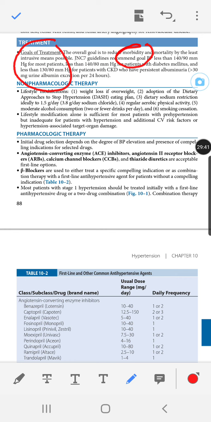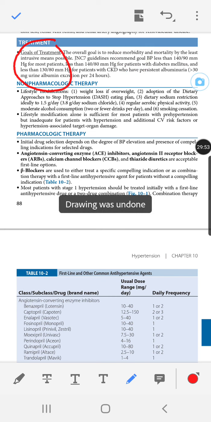Morbidity means you have to decrease the disease, and mortality means you have to decrease the death rate by the least intrusive means possible. So the first goal is to decrease the morbidity and mortality.